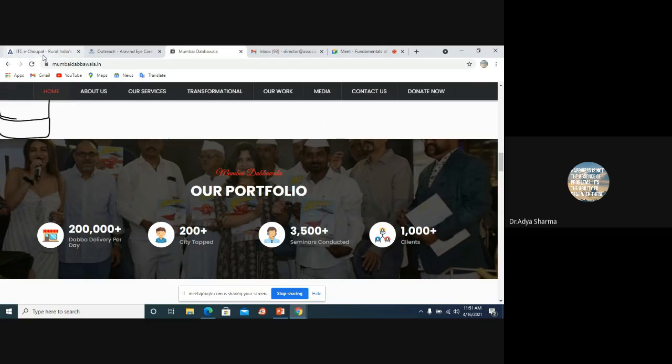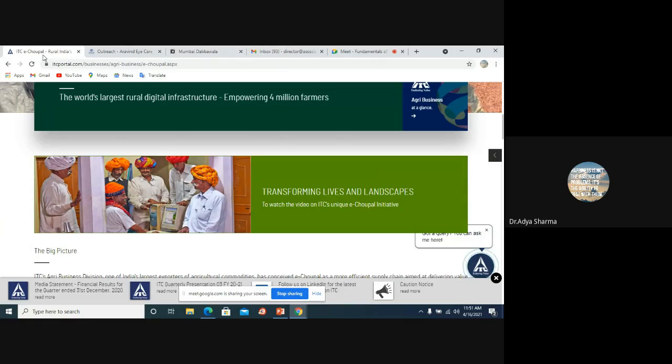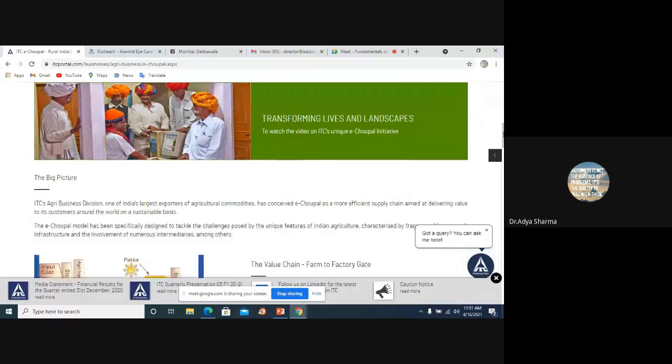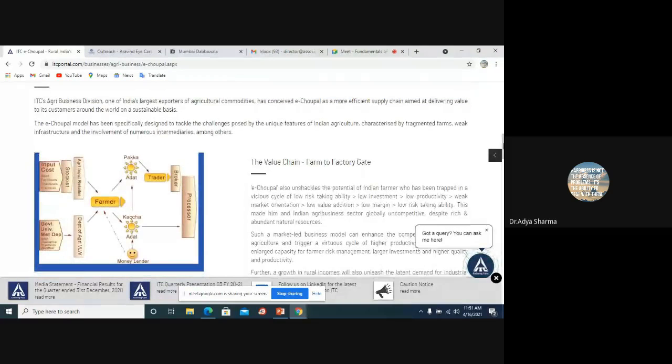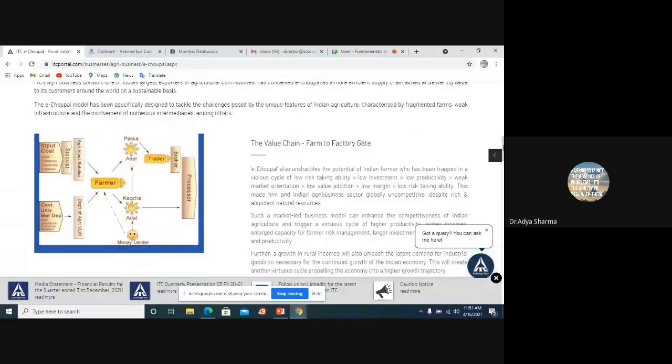And obviously ITC e-Chopal, again a beautiful example, and again an innovation which has transformed lives and landscapes. And look at this, it says we will discuss ITC e-Chopal when we do distribution, but they also innovated the whole process. Why does a farmer have to go through an agent to sell his product?